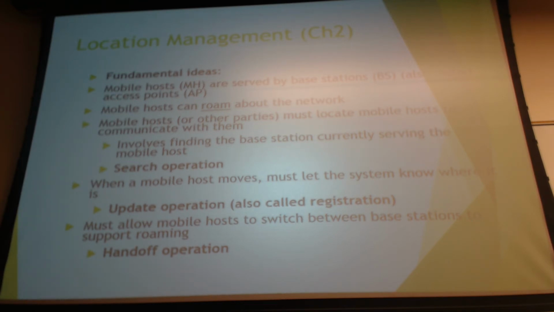Now when a mobile host moves, it must let the system know where it is, under which cell tower you are currently located. You can connect to multiple different cell towers as and when you move. Why do you need to connect to a different cell tower?